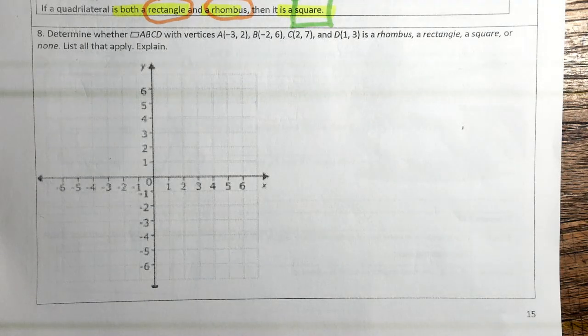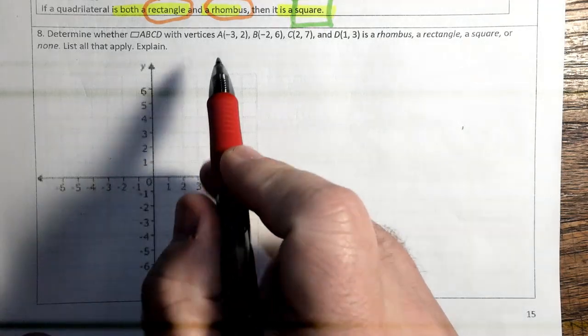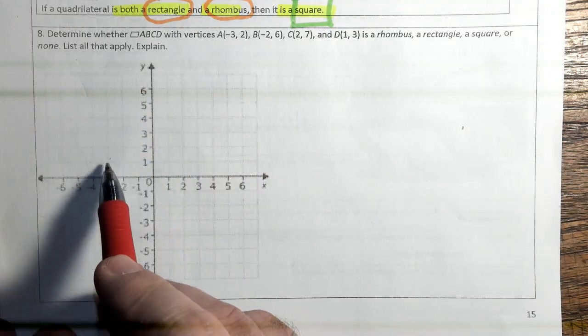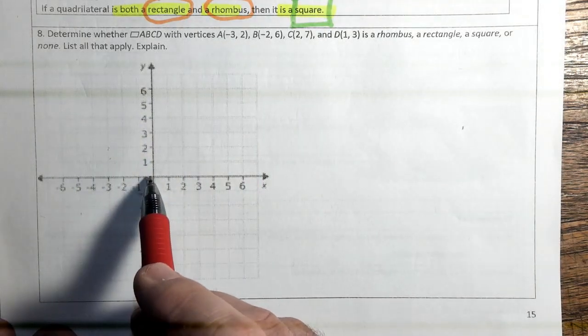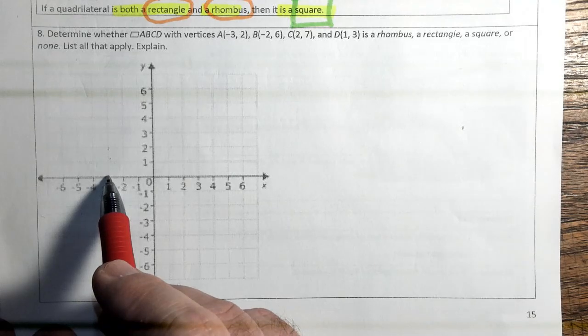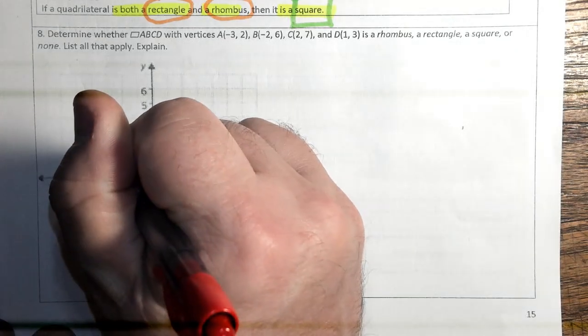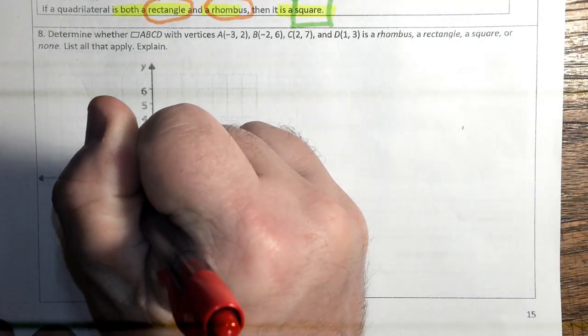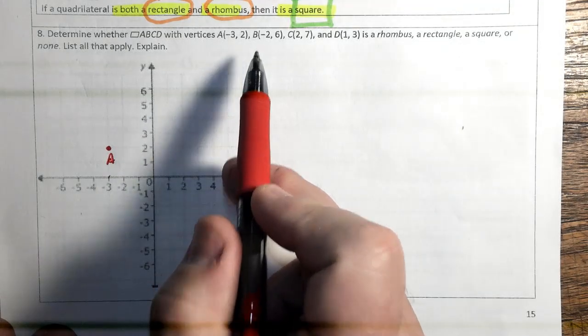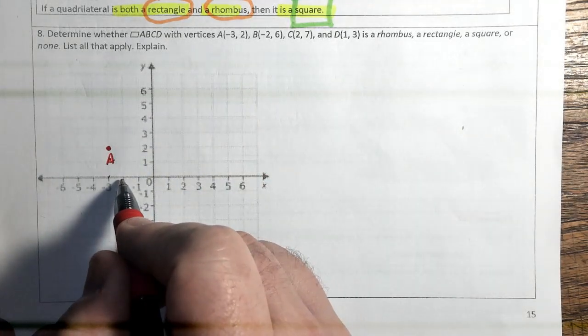All right. So A is -3, sorry, -3, yeah, +2. B is -2, +6.